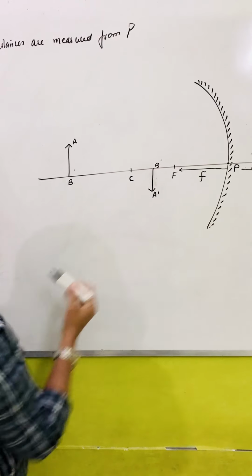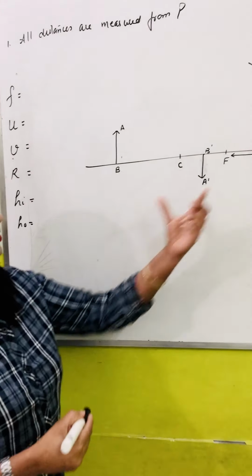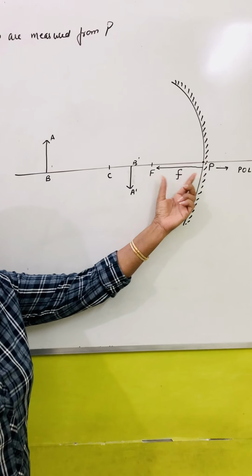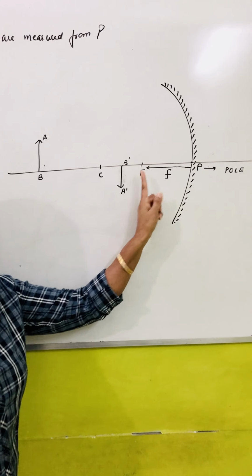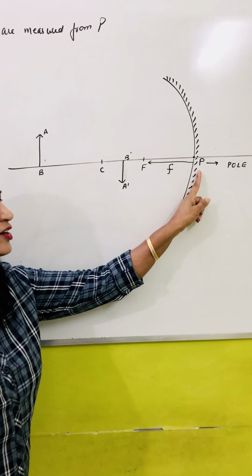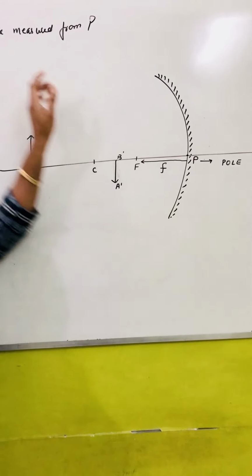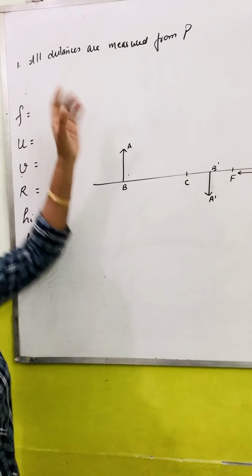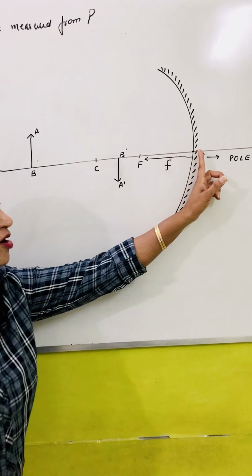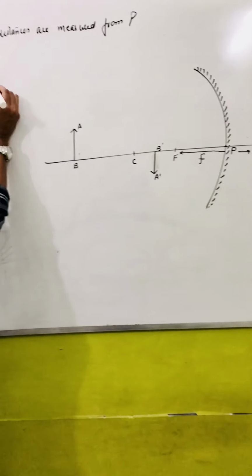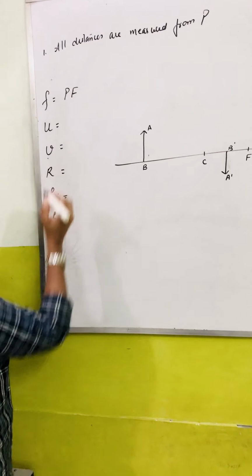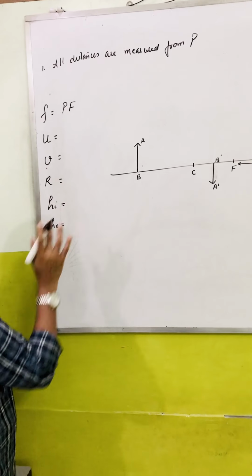Now if I want to measure the focal length, then I have to measure it as PF. I cannot call it as FP. It is always said to be PF. This is the meaning of this first rule, that focal length will be measured from pole towards the focus. So focal length will be denoted as PF.